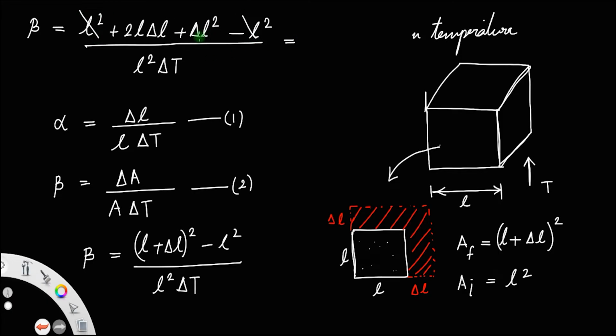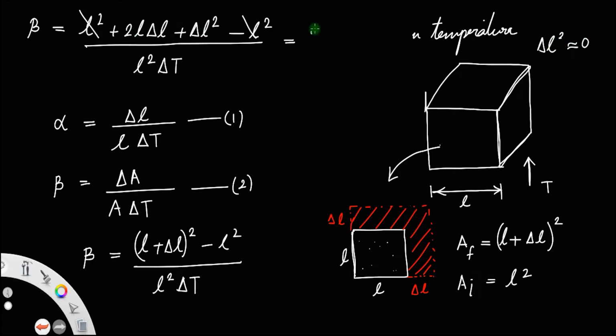Delta L is already very small, so delta L square you can neglect; delta L square is approximately 0.